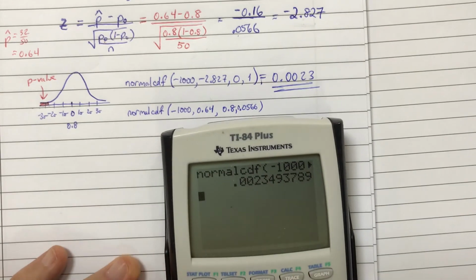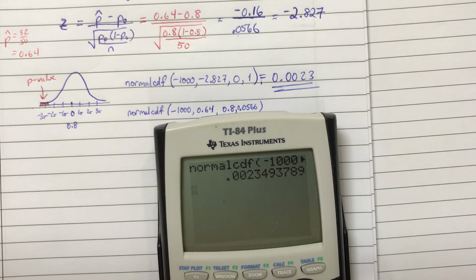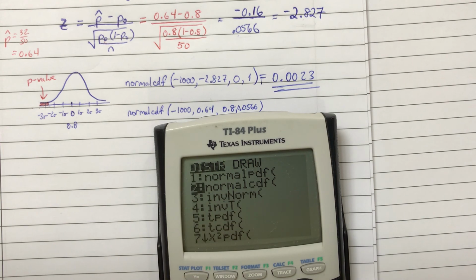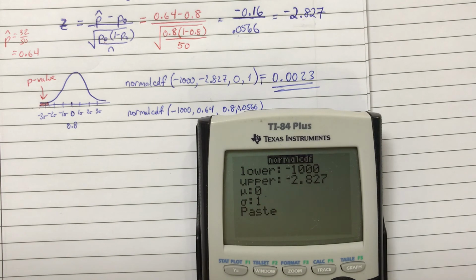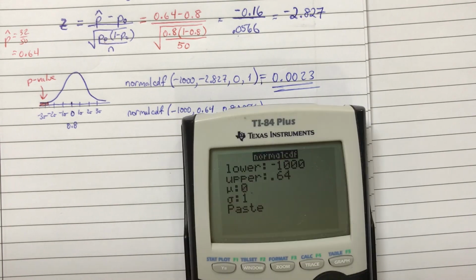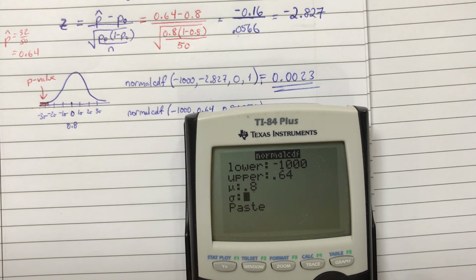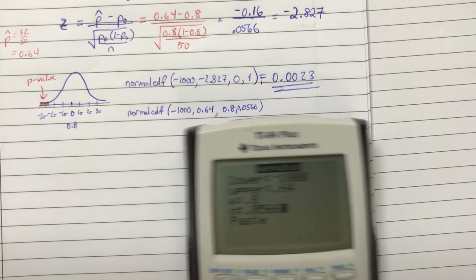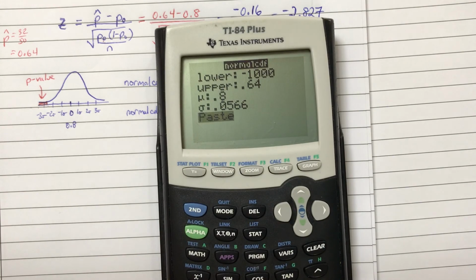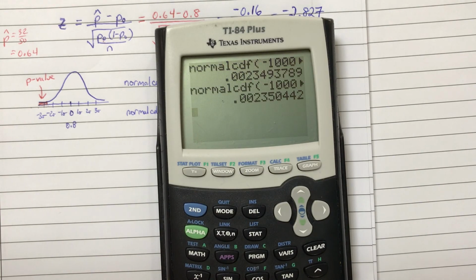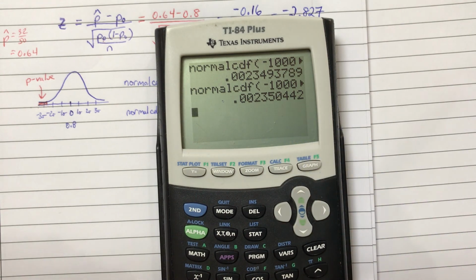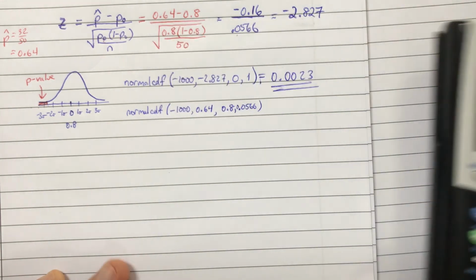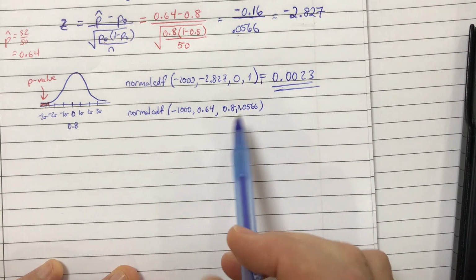Let's see, that should give us the same thing. I'm curious here. Let's see what happens. Look at that. 0.0023, or 0.0024. So that would give us the same thing.